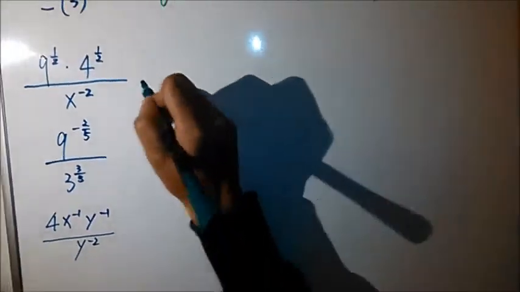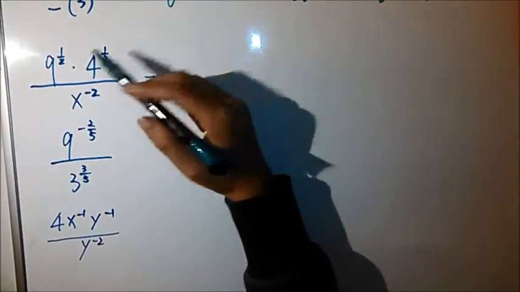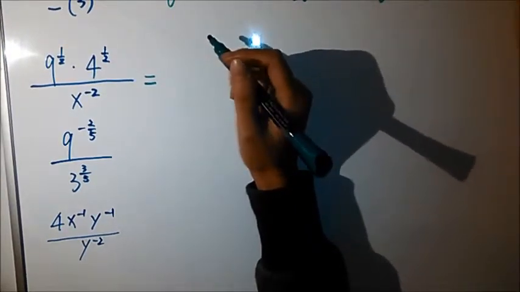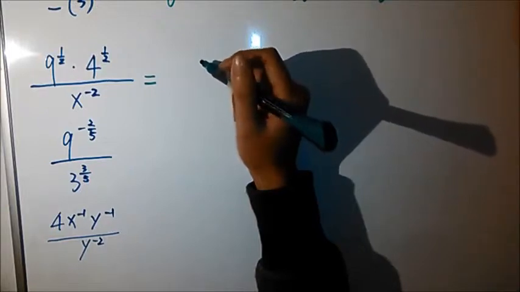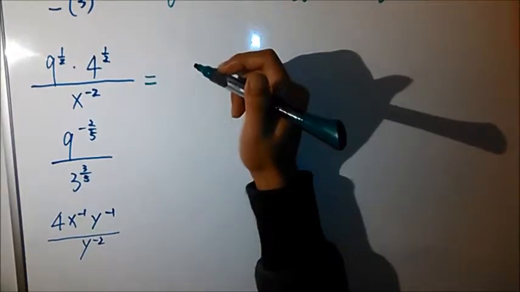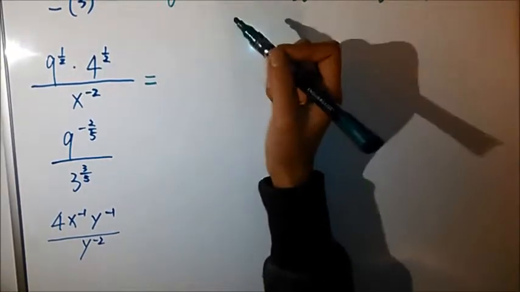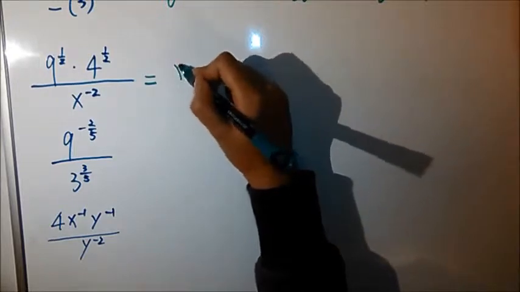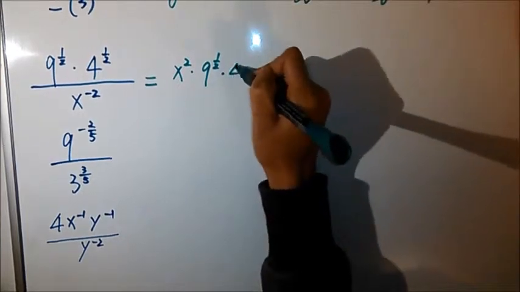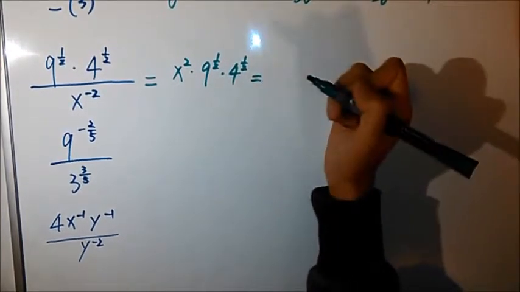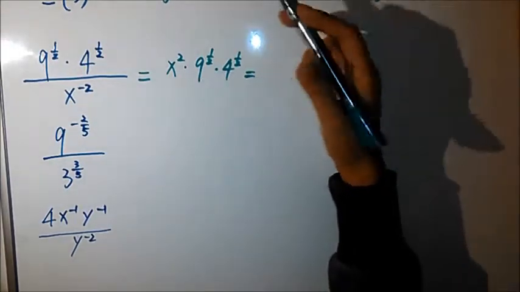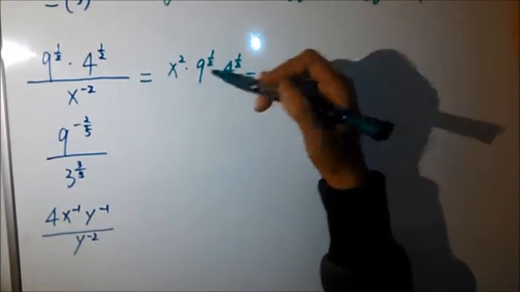Next question. We have 9 to the half power times 4 to the half power, right? And to get this one, we see that we have a negative exponent on the bottom, so we're going to move that upstairs. Excellent. Now one way to get this is to change the 9 to its most basic form, right?